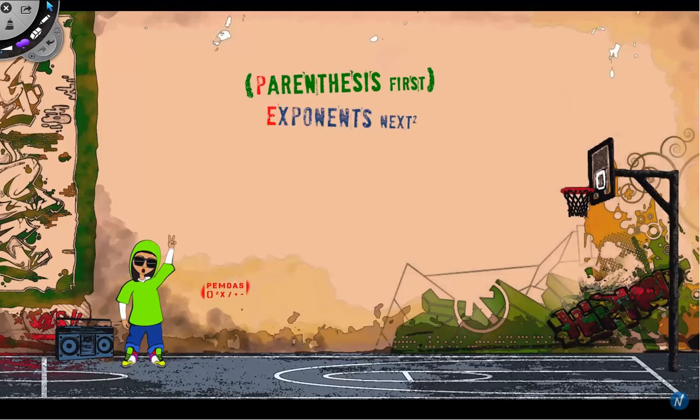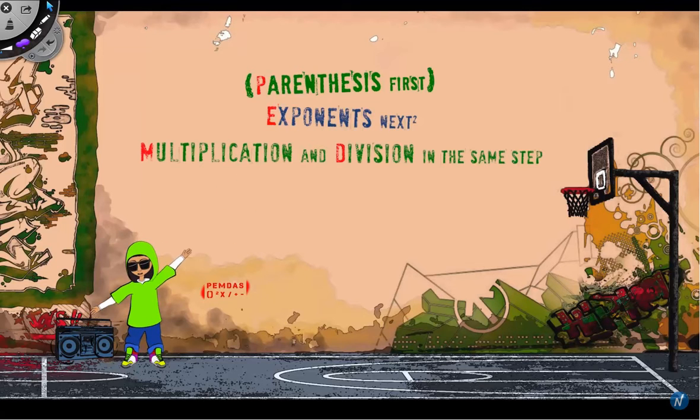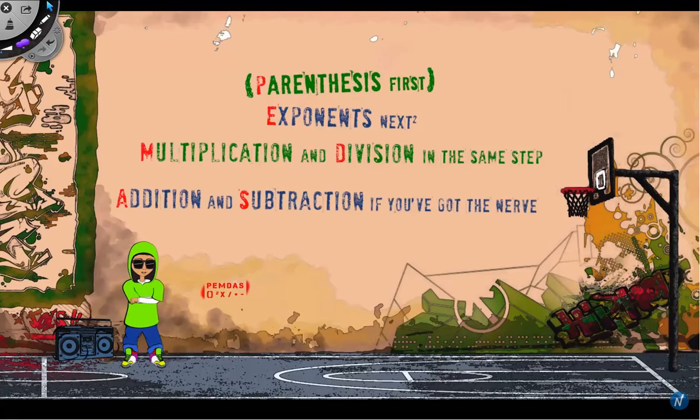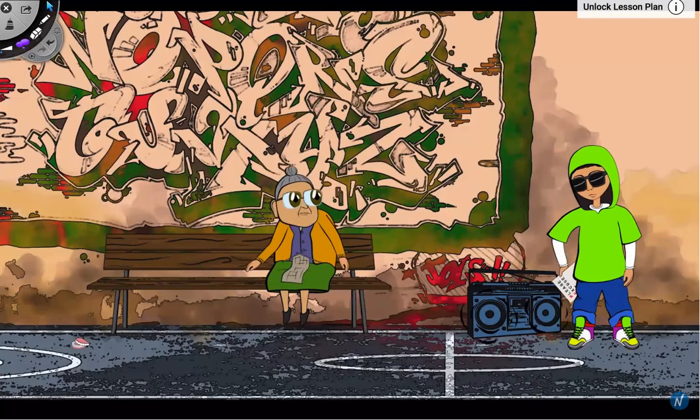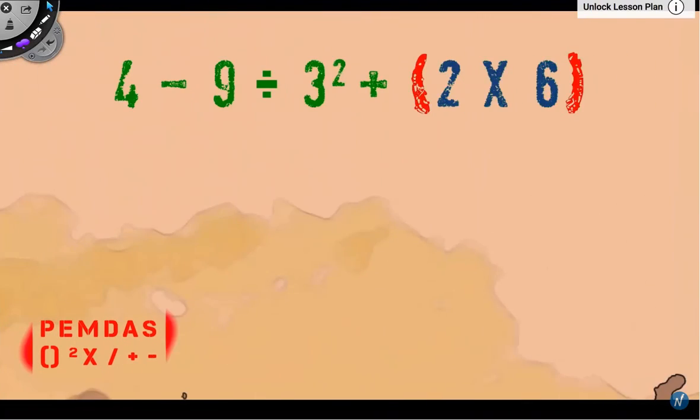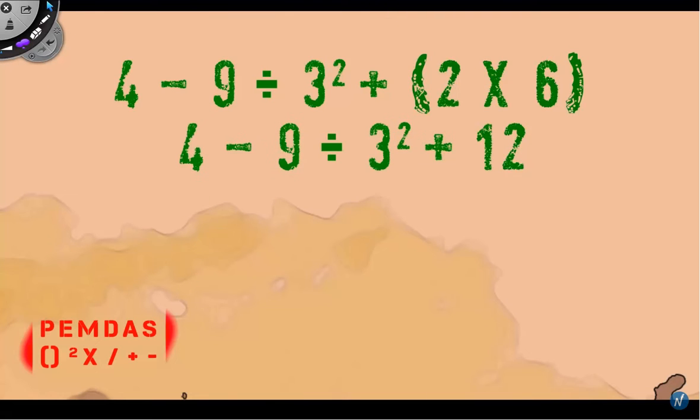Parentheses first, exponents next, multiplication and division in the same step, addition and subtraction, if you got the nerve, from left to right, first come, first serve. 2. Parentheses first, 2 times 6, the product's 12, put it back in the mix. Exponents next, 3 squared is 9. When you know the tricks, it don't take much time.